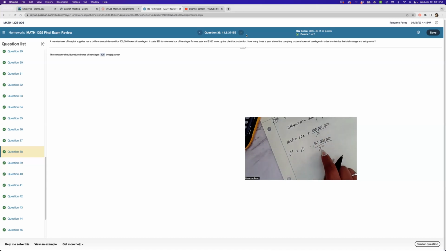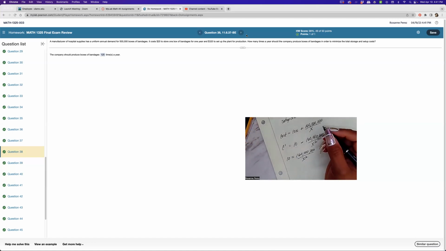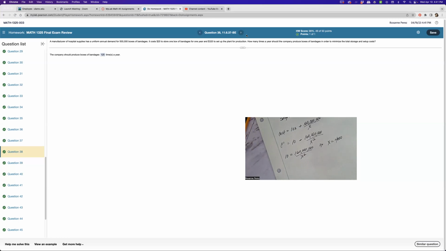Now we're going to solve for X by setting C prime equal to 0. So 10 equals 160 million over X squared. That's going to end up giving us X equals 4,000.